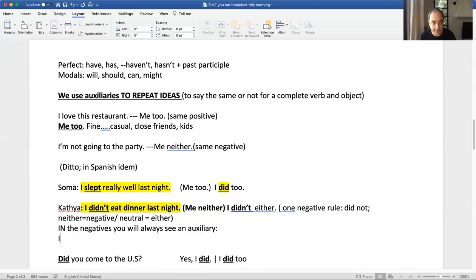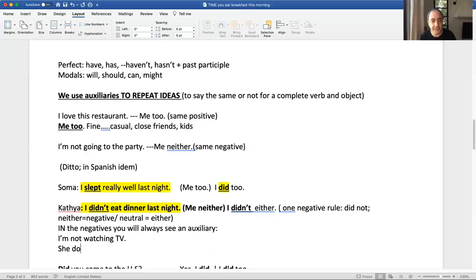I'm not watching TV. There it is. You see it right there. Am not. She doesn't cook meat. It's negative. Doesn't. You see it, an auxiliary. He hasn't worked in months.